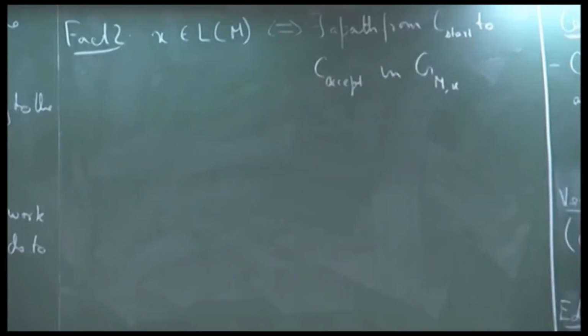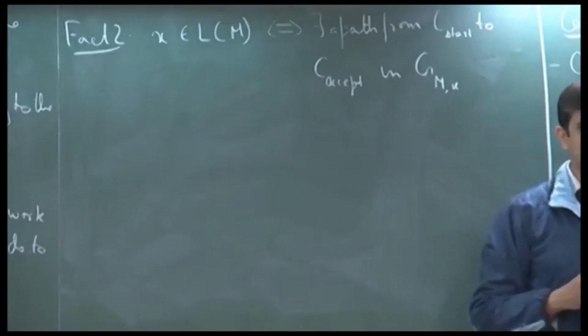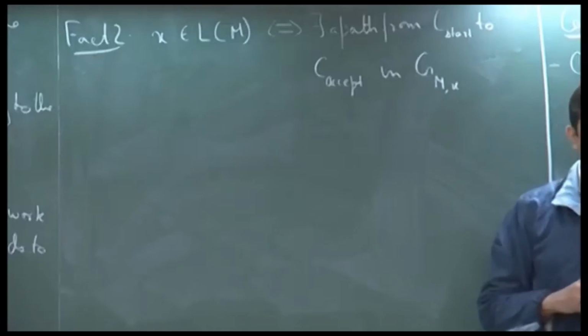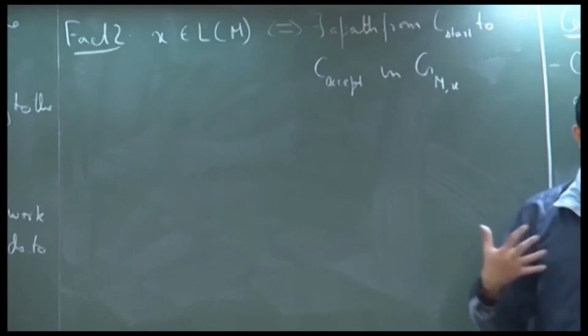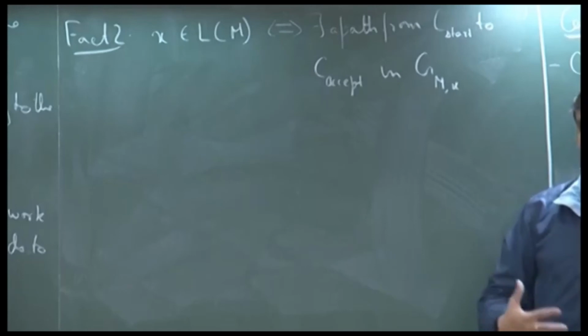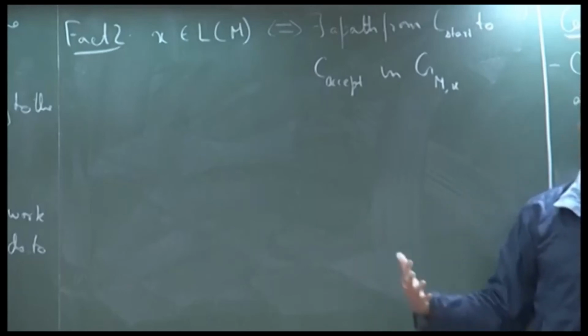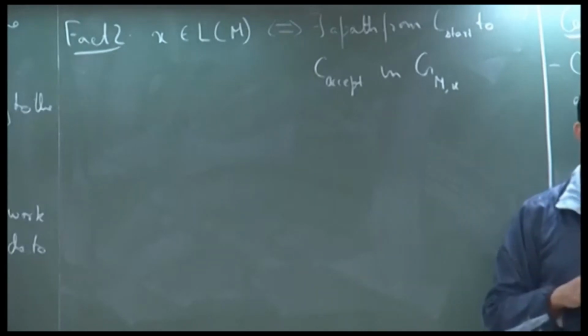So, this is the crucial fact because of which configuration graphs are studied, because now an entire computation, instead of thinking of it from a Turing machine point of view, we have just reduced it to a graph theory problem.